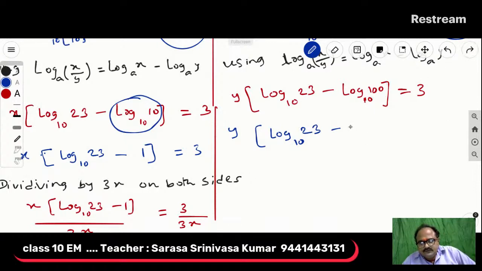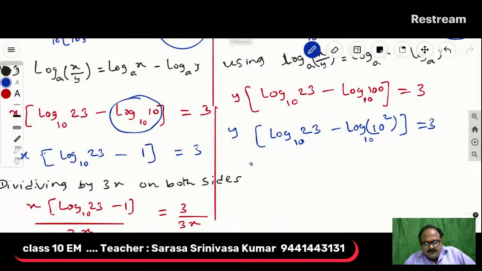So we can write log 10 square to the base 10. Log 10 square to the base 10 equal to 3.